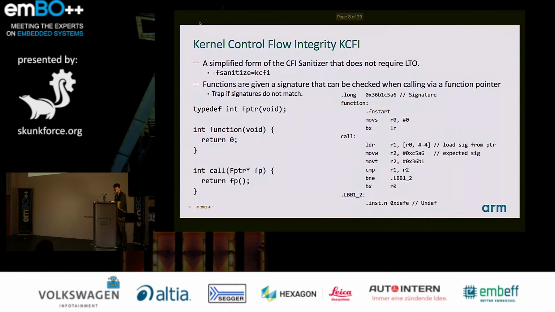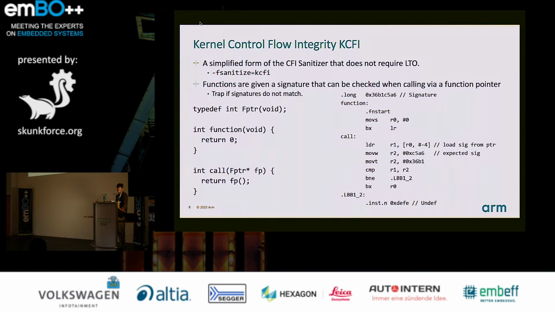Okay. Stepping up in complexity is the control flow integrity sanitizer. Control flow integrity was mentioned yesterday. What the compiler does in this particular case is for every function pointer, it makes a signature from the type signature.